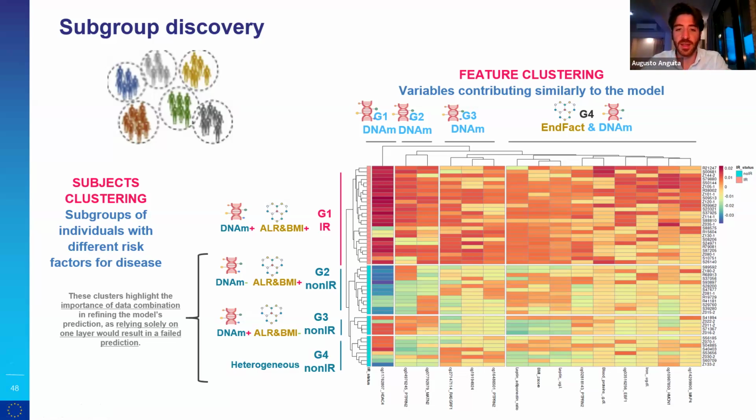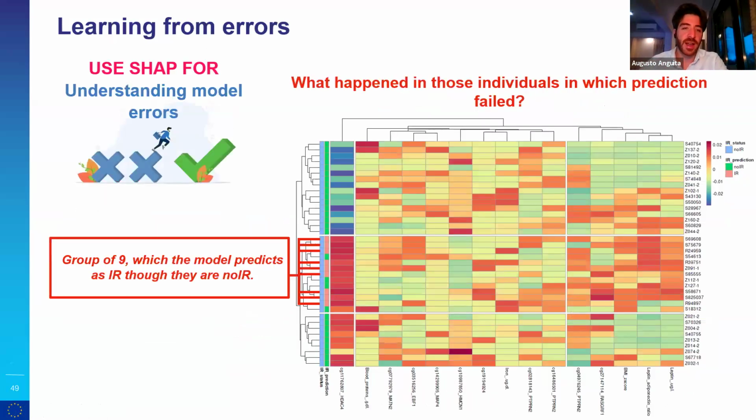Or the opposite: these kids have a DNA methylation profile more typical of an insulin resistant kid, but it is their low BMI, or low inflammation, that makes the algorithm take the final decision to push them to the non-insulin resistant class. And this is very nice, also to understand that it's a total combination of variables, and it's not only clinical information that makes the final decision in the model.